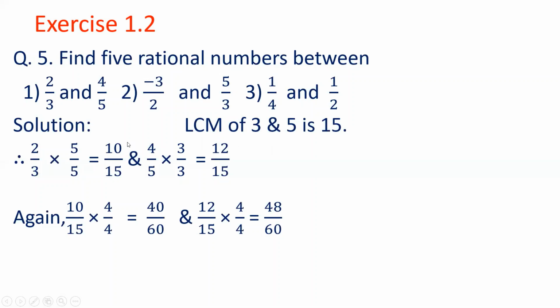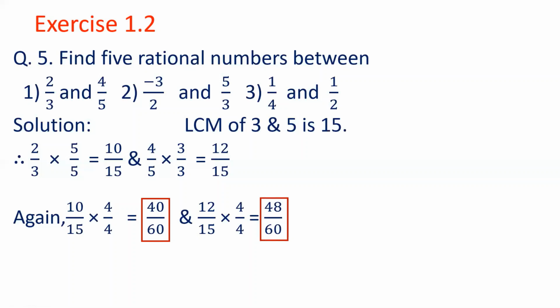But because there is only one rational number between 10 upon 15 and 12 upon 15, we further multiply 10 upon 15, both numerator and denominator, by 4, and 12 upon 15, both numerator and denominator, by 4. We are getting 40 upon 60 and 48 upon 60.